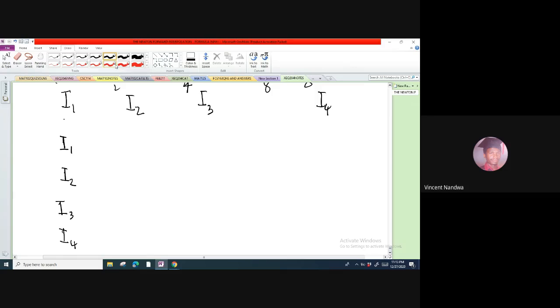Between I1 and I2, we have labeled 1, 2, 3, 4, so come here and label this gap as 5, this gap 6, this gap 7, this gap we call 8, this gap 9, and this other gap 10. So this becomes the scheme.